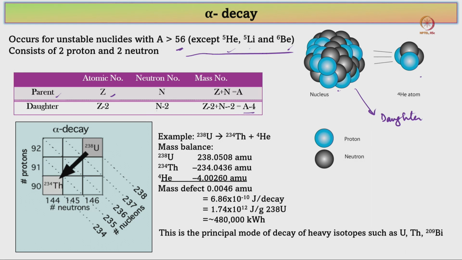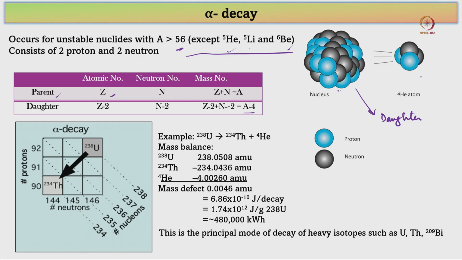Okay, let us see. If I have 238 uranium, it will decrease 2 neutrons. So, it is going down the neutron axis and it is also going down the proton axis. It is decreasing proton-wise and also neutron-wise. So, now it is forming 234 thorium.